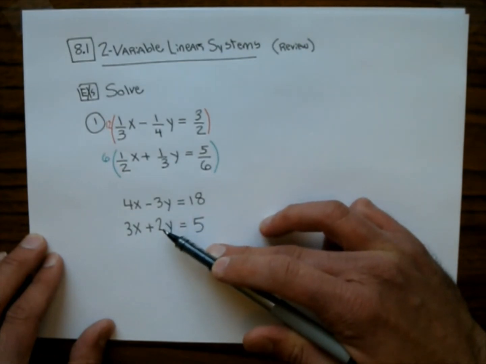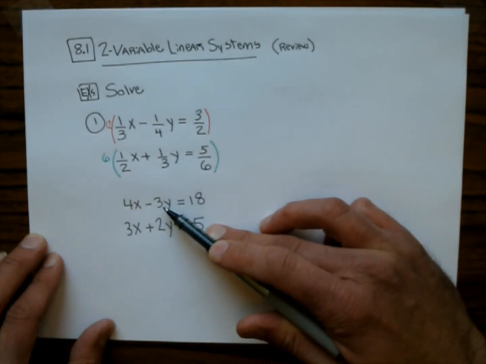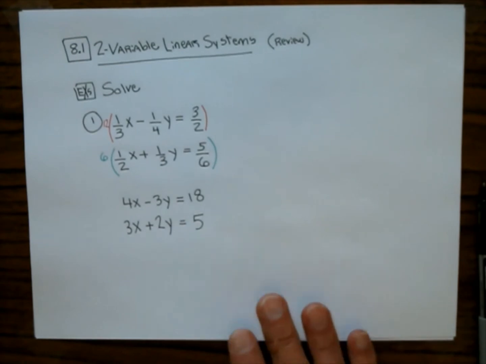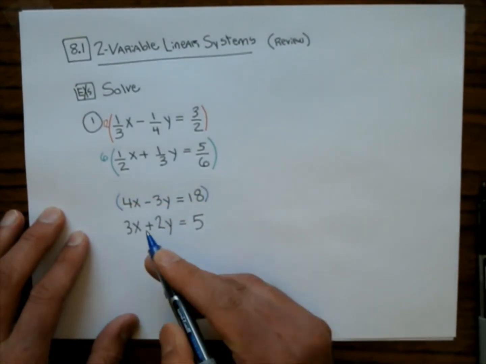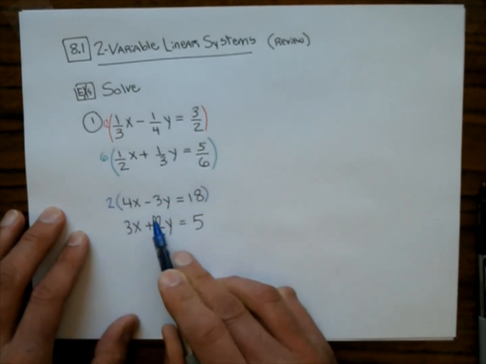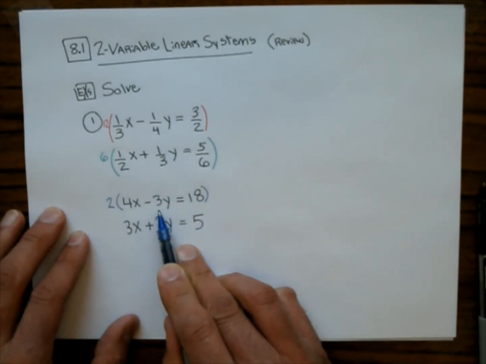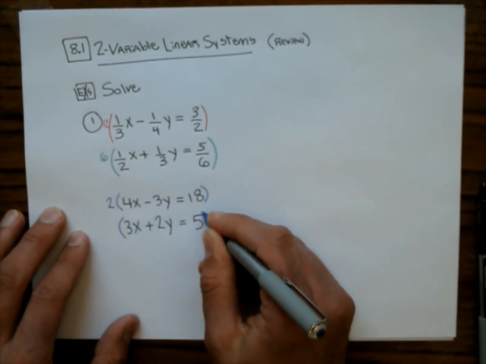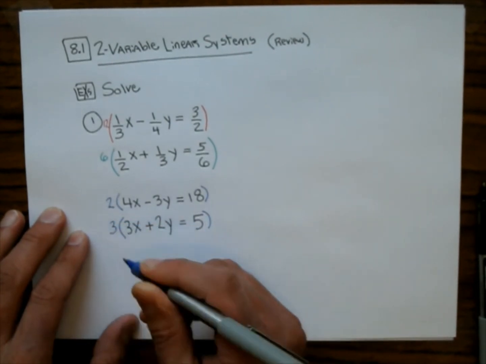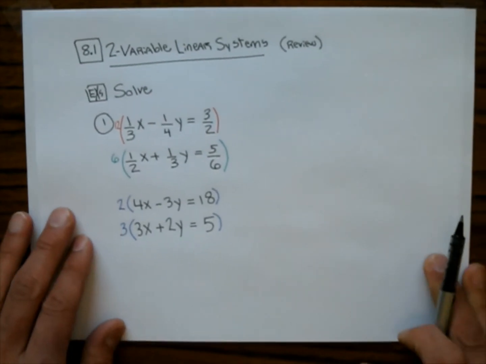So I want to get opposite numbers here, and if I were to multiply the top equation by a 2, then that would put a -6 up there. And then I can get a 6 down there by multiplying the bottom equation by 3. So let's try that out and see what happens.